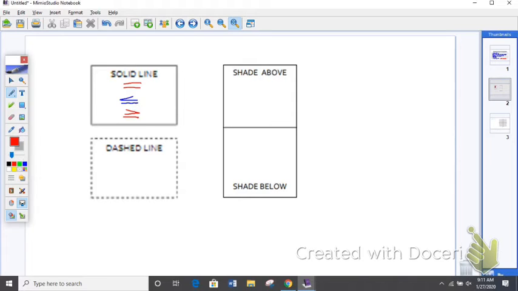So if we're including that equals piece, then we make it a solid line. We're including all the points that are on the line. We will use a dashed line then if we don't have that equal to bar. So if it's just a less than or a greater than symbol without the equal to bar, we will use the dashed line.